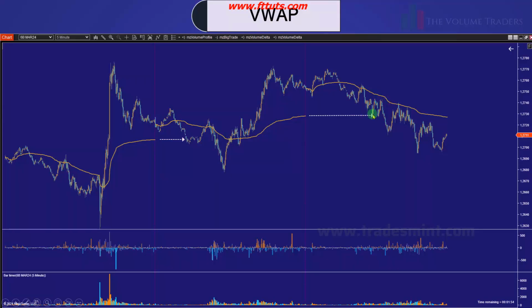So if someone took a long here, he could miss his TP and maybe close the trade at break even. Or if someone was waiting for a sell from VWAP, he could miss the opportunity. So maybe the price bounced here because of another key level, like the point of control.